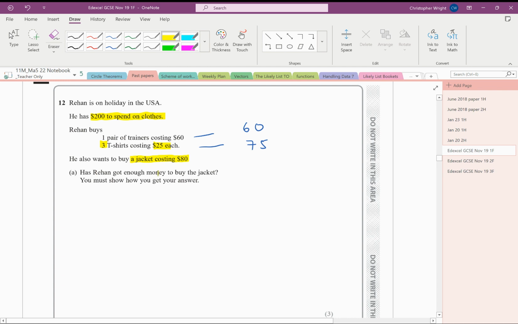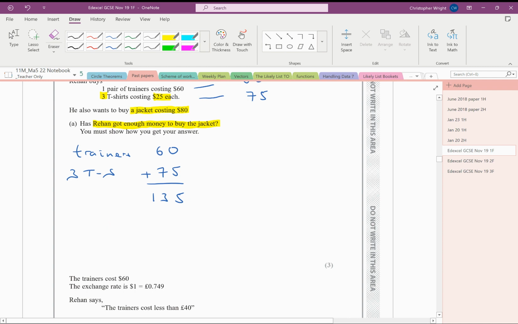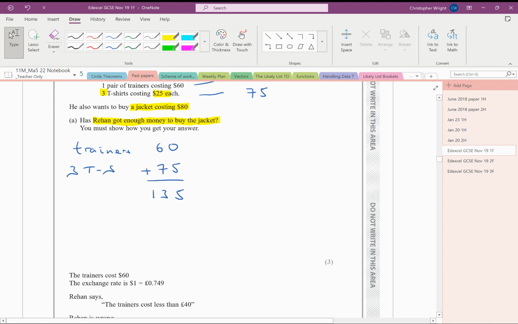Has he got enough? Well, we've worked out the cost of the trainers is $60. The cost of the 3 t-shirts is $75. So far, he has spent $135. He wants to buy a jacket costing $80.